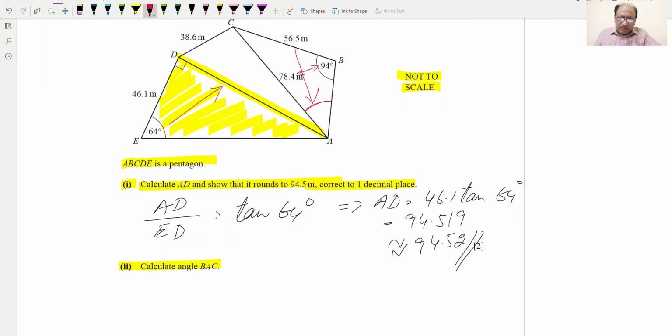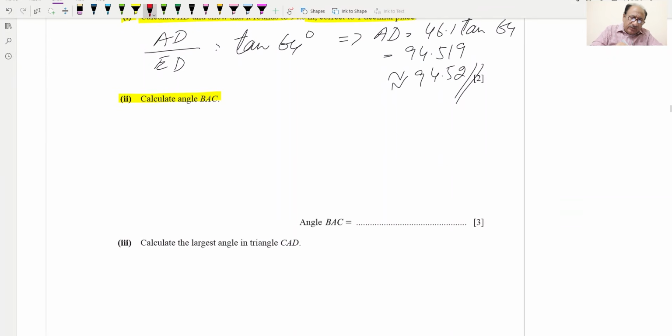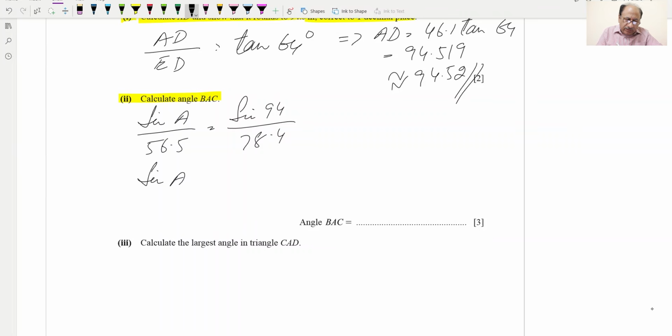So we can write sine A over 56.5 will be equal to sine of 94 divided by 78.4.